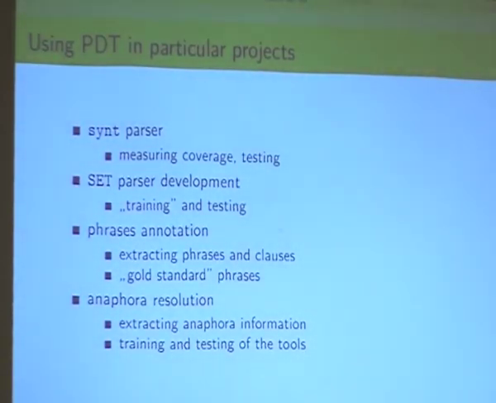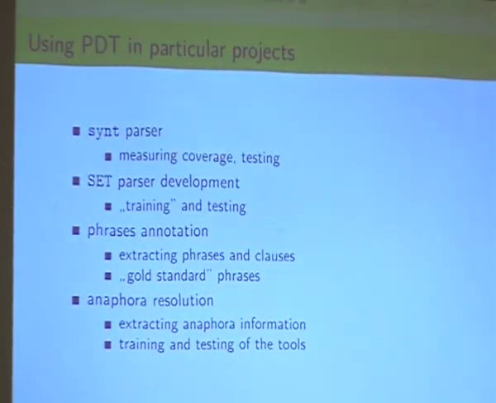Well, in the particular projects, this will be very quick. In the synt parser, we measure coverage and do some testing on the PDT data. Basically, we don't choose the dependency annotation because the outputs are too different. In the case of set parser development, we used the PDT as a gold standard for training, meaning that we looked at the data and manually constructed some set of rules, and for testing against the data.